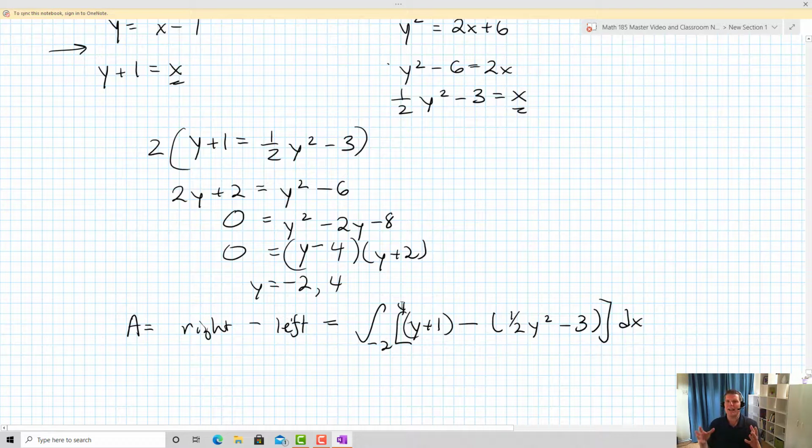Essentially, the big idea is that area is always the integral under the curve along some interval. To do more complex work, we start with this idea: if I want to find the area between two curves, I find their points of intersection and then subtract the top minus the bottom. Or if I'm doing it with respect to y, I subtract the right minus the left. So this completes the lesson.